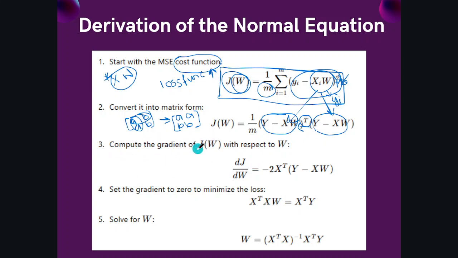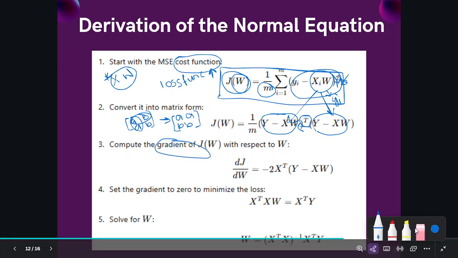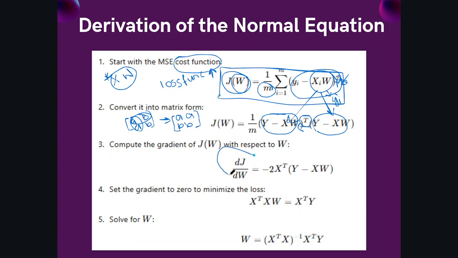Compute the gradient of the cost function with respect to w. Now what is meant by gradient? We just have to differentiate the J(w) function. We have to differentiate the cost function in order to get the best model parameter. Now we will differentiate this.